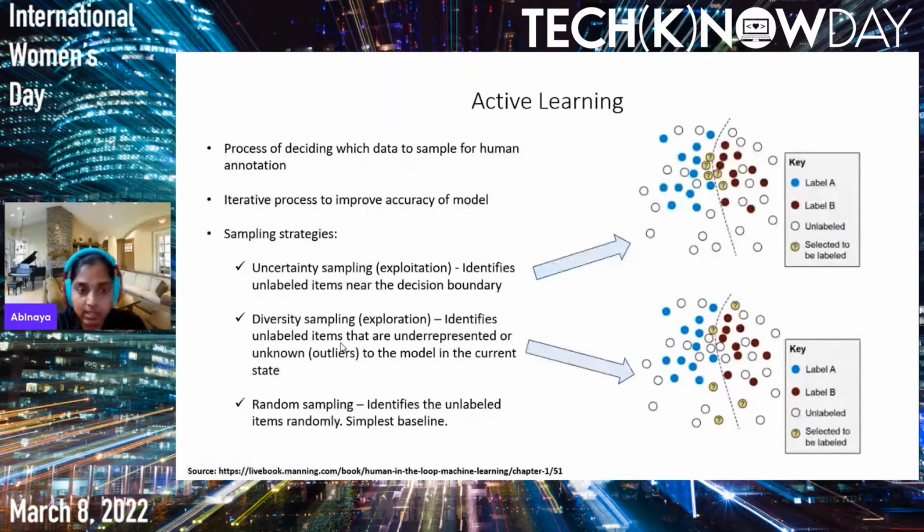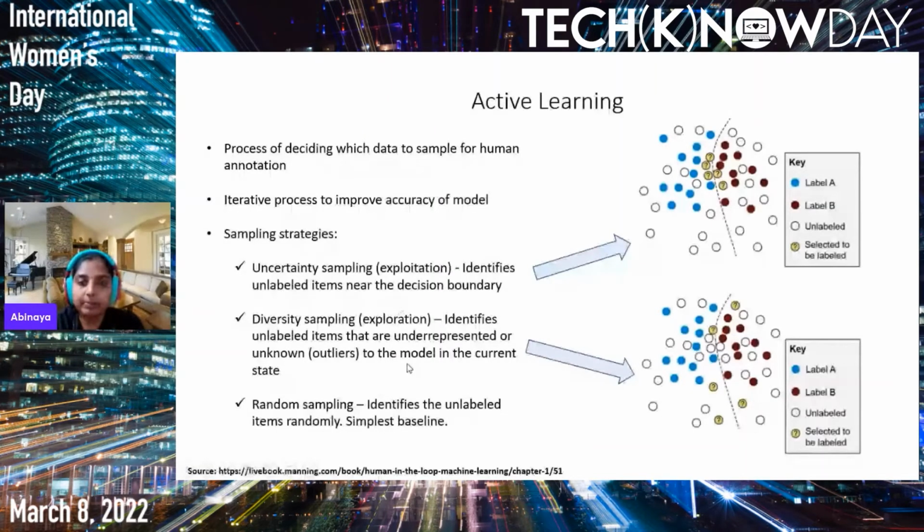Whatever methods you choose, random sampling can be the baseline. So you build a model using data points tagged through random sampling, keep that as a baseline, and use the other model's performance to compare it with the random sampling model. So that way you will have an idea of how well other techniques are performing.